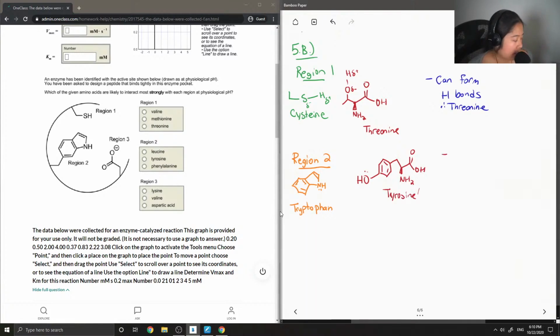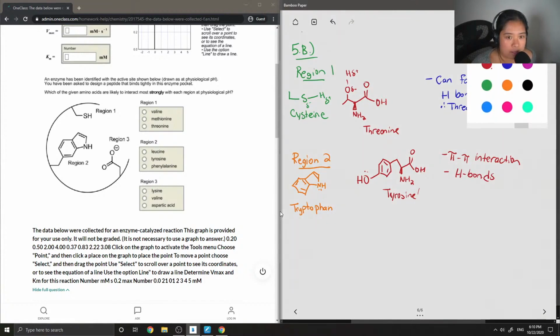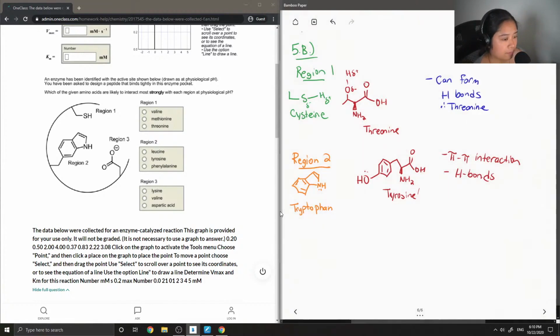So you'll notice that there can be a possible pi-pi interaction. But you'll also notice that phenylalanine also has a benzene ring, but since tyrosine has this extra alcohol group, you could potentially also form hydrogen bonds. So that's why tyrosine was selected.